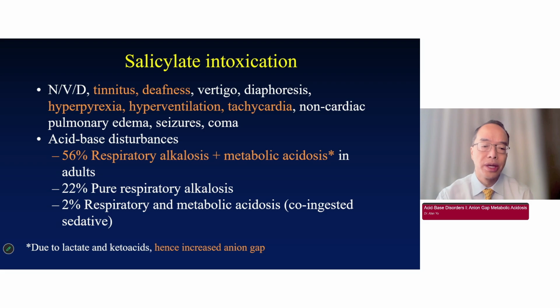But it can cause non-cardiogenic pulmonary edema, seizures, and obviously coma. It can mimic just about any acid-base disturbance, but in adults, the vast majority of patients, like the case that I presented right in the beginning, present with the combination of respiratory alkalosis and metabolic acidosis. And the acidosis is actually due to the salicylate stimulating cellular generation of lactic acid and keto acids.